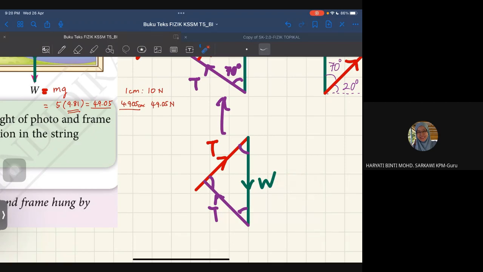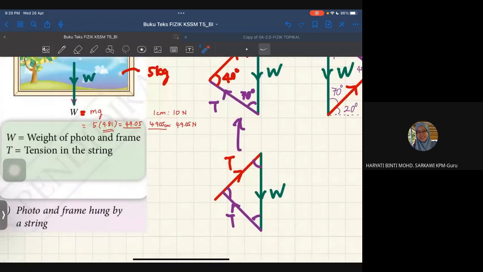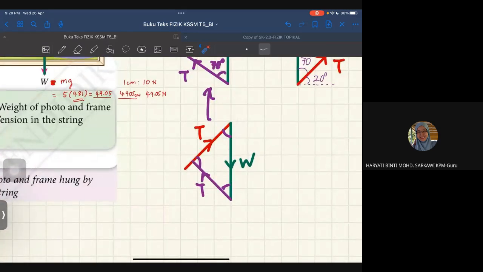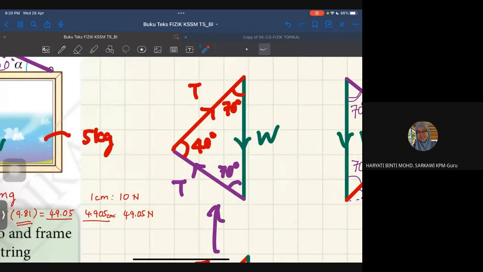So this is 4.9 cm, and then this angle and this angle need to be measured correctly. Let's say the angle just now was 70, right? So let's say you draw in scale. The value of W in scale will be 4.9 cm on the ruler.